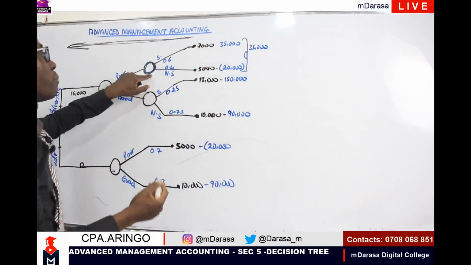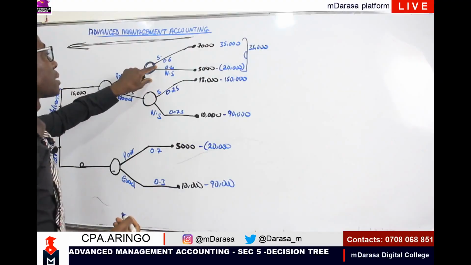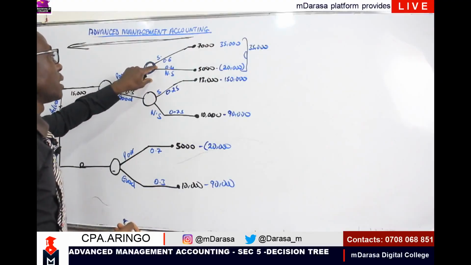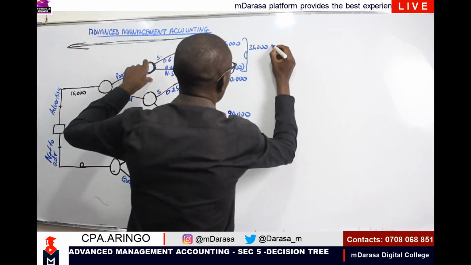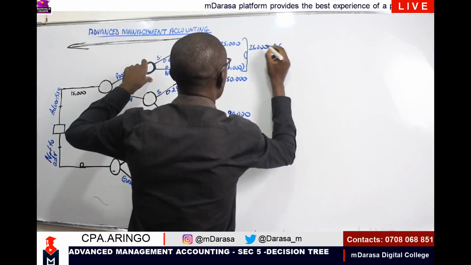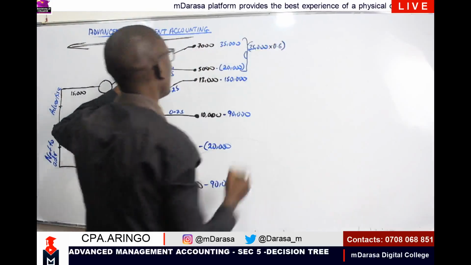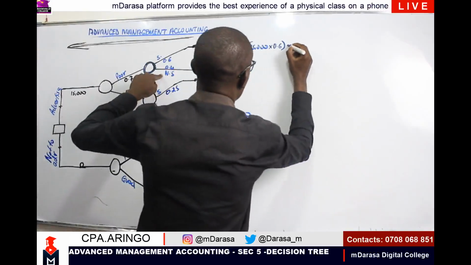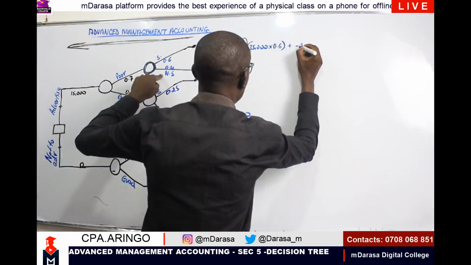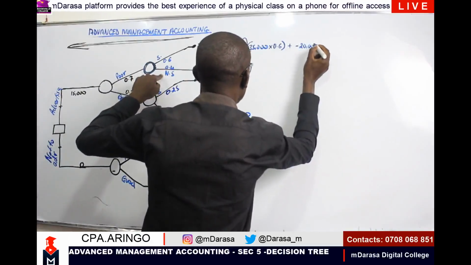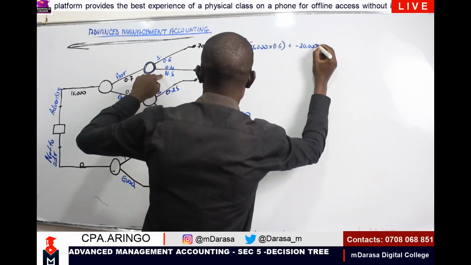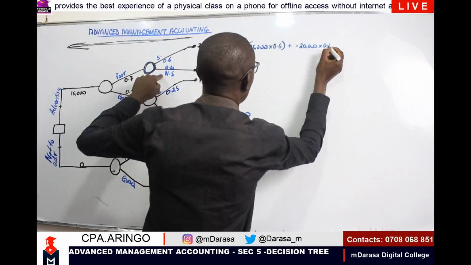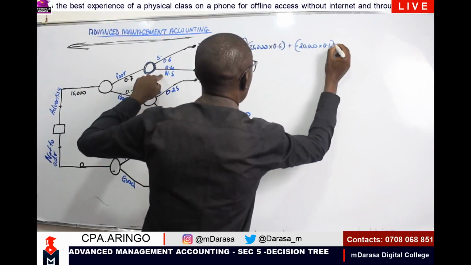We multiply by the probability that advertisement will stimulate our demand, which was 0.6. We add the other branch, which in this case is negative 20,000 by 0.4.